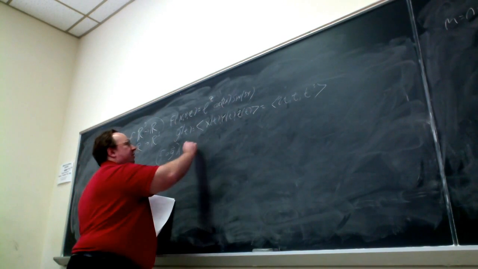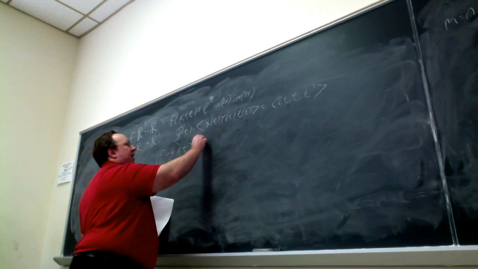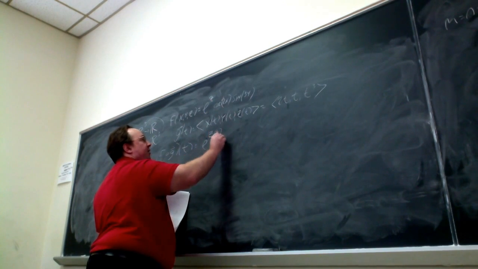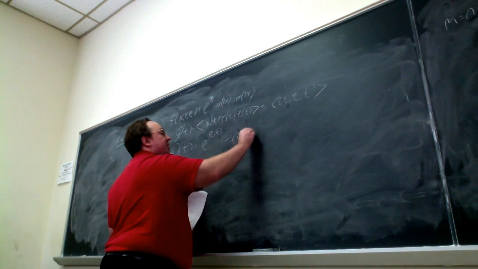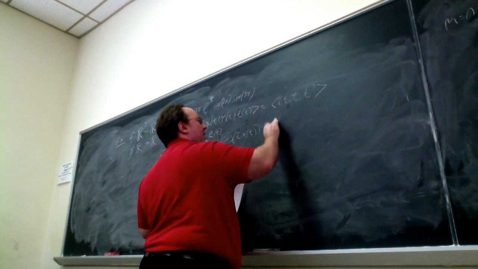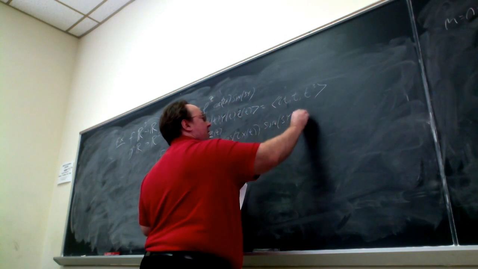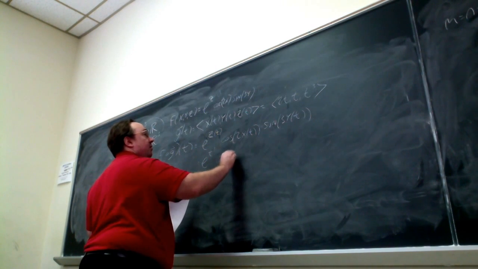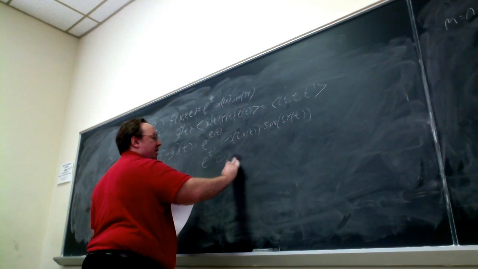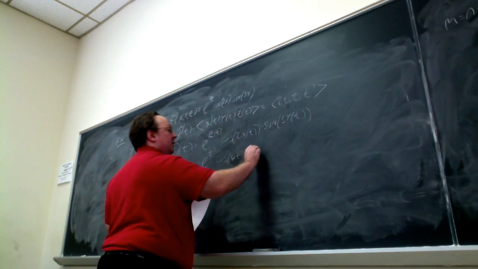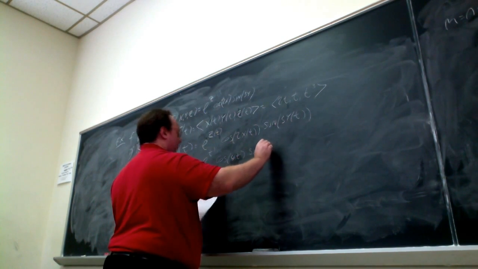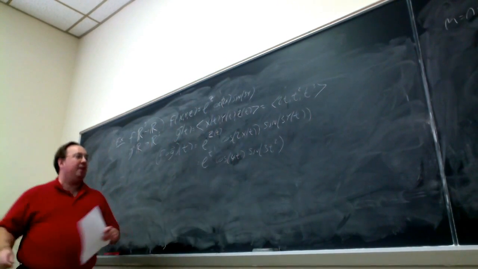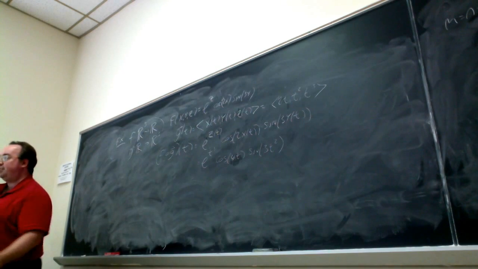So the original function, if I put the 2 together, would look like e to the z of t cosine 2x of t sine 3y of t. Then we can fill in what those are. e to the t cubed cosine 4t sine 3, oh, that should be t squared, 3t squared. Okay.